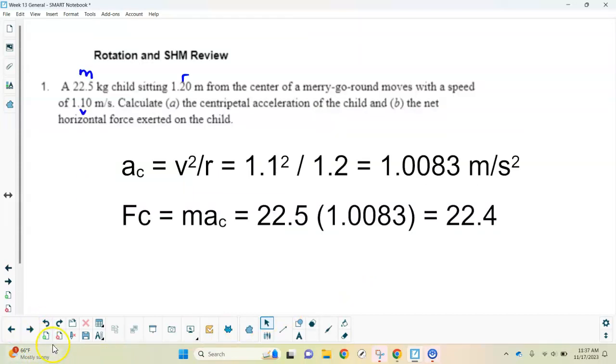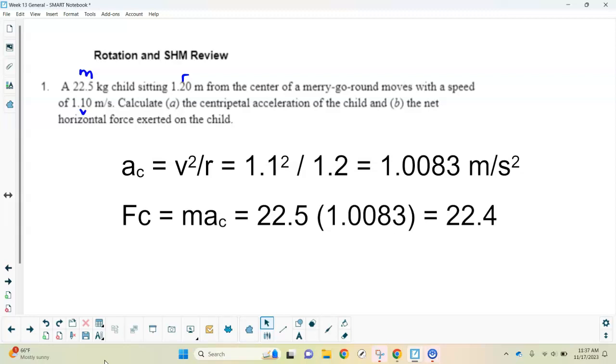Okay, so that's it for simple harmonic motion with the mass spring oscillator and a pendulum. Let's jump into this review. The review sheet takes you through all the concepts: rotational kinematics, torque, moment of inertia, that concept of where the mass is located in distribution to r to establish how hard it is to rotate.